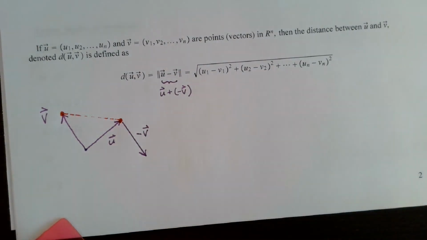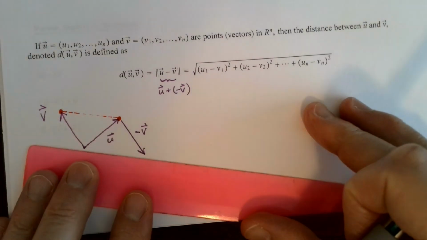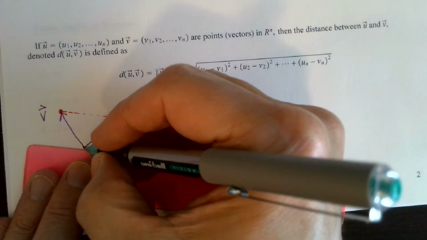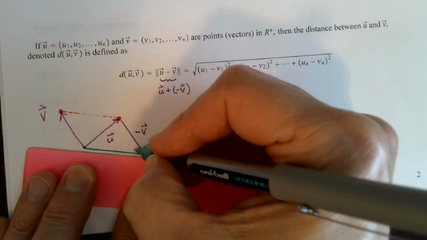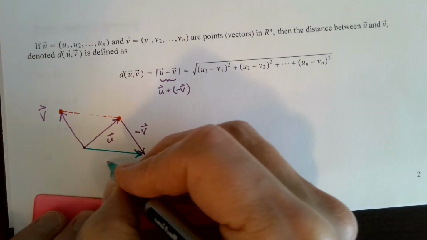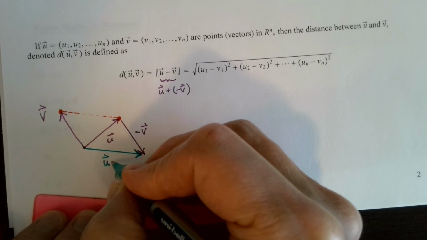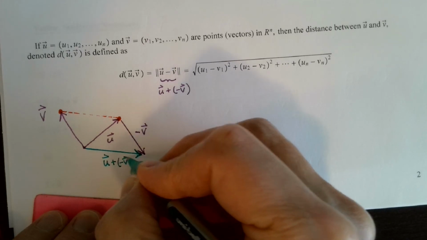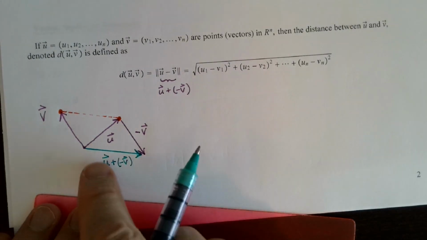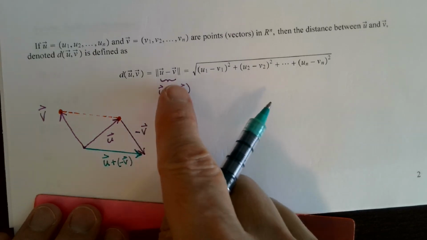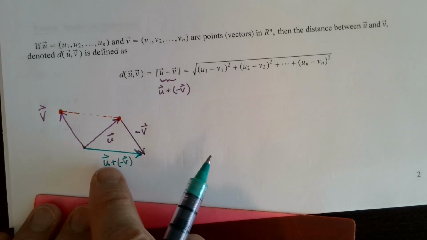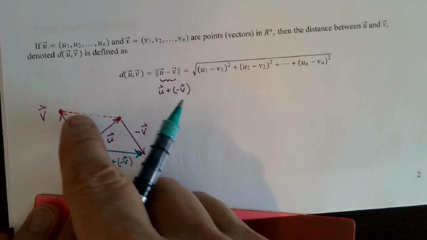And then how do we add u plus negative v geometrically? It's going to be that vector, u plus a negative v, which is u minus v. Well, that's the vector we take the norm of to find the distance between the points u and v, which is this distance here.